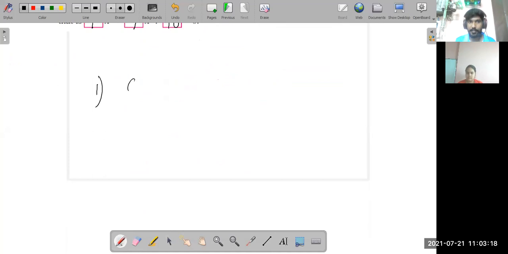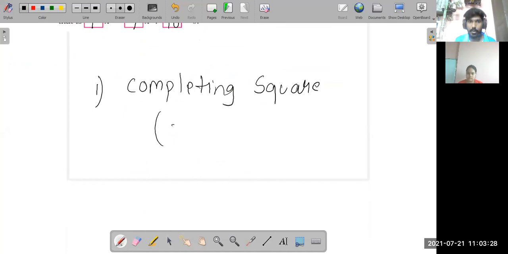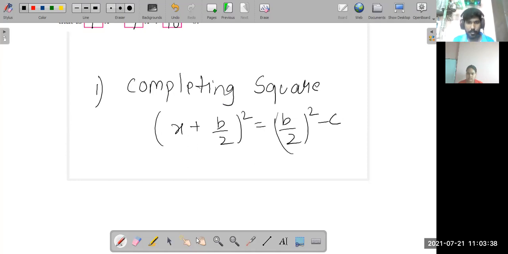First, we did the completing square method formula. This was x plus b upon 2 the whole square is equal to b upon 2 the whole square minus c. This was the formula.